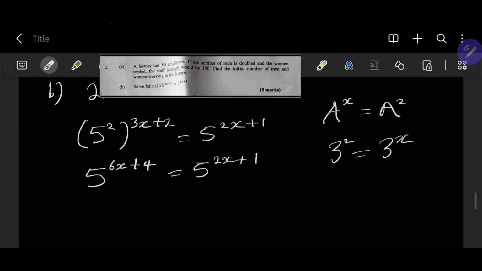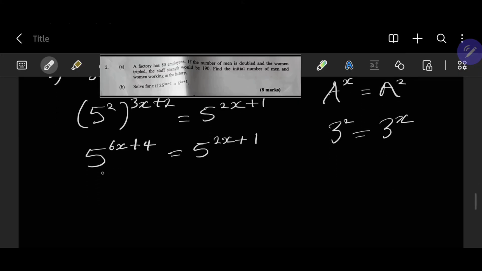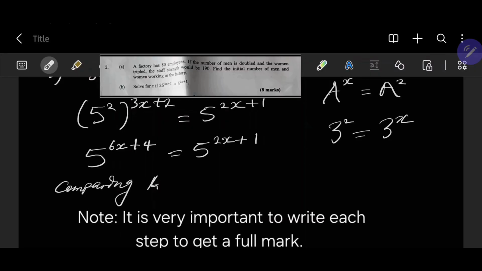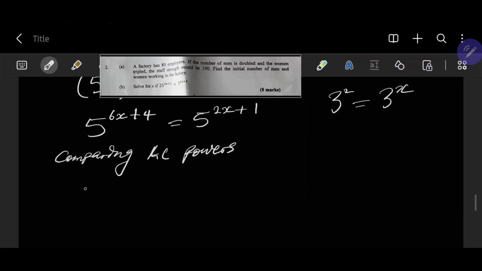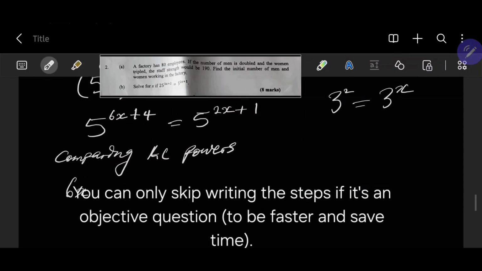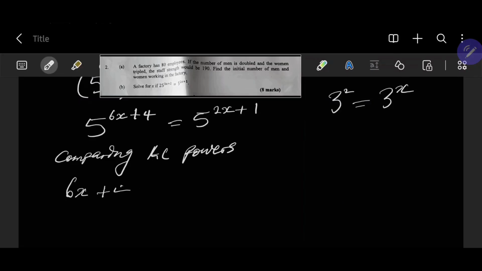So we're going to apply the same thing here. Since the bases are equal, both 5, we'll compare the powers. So equate the powers. We have that 6x plus 4 is equal to 2x plus 1.